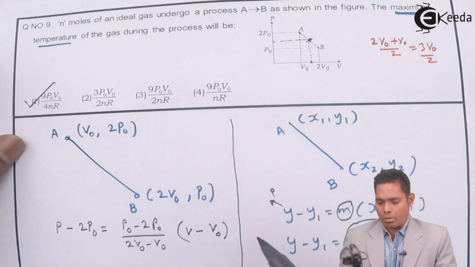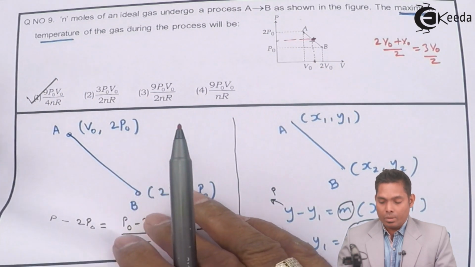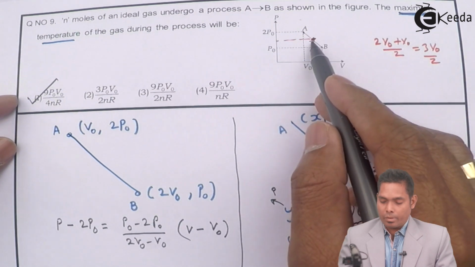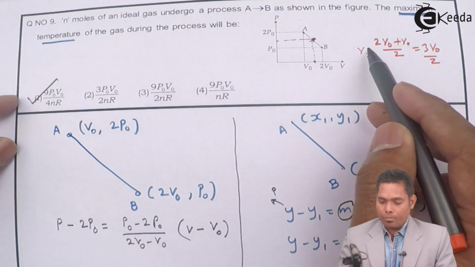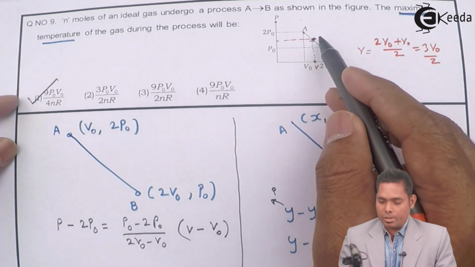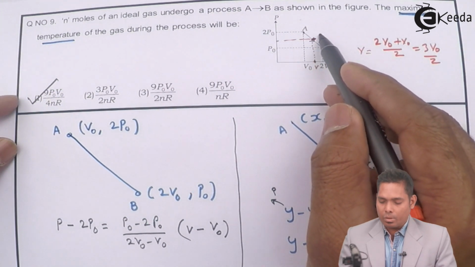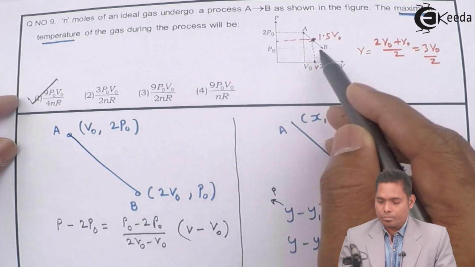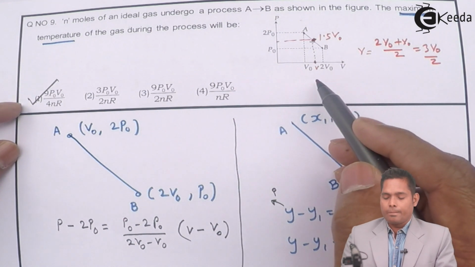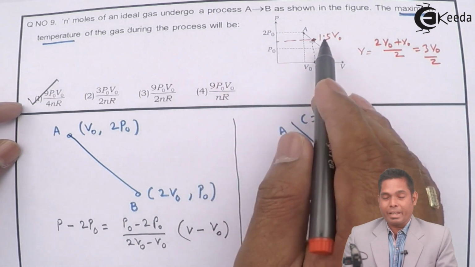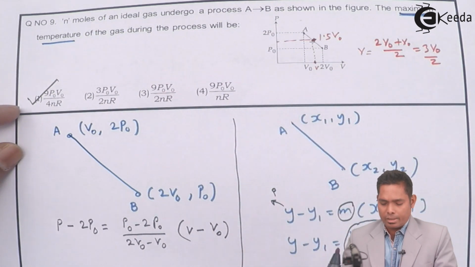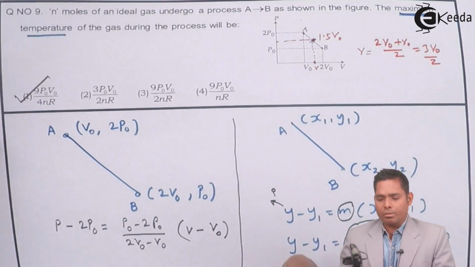If you don't know, you have to solve the total thing. Once I know this, the coordinate is 3 V naught by 2, that is 1.5 V naught. So at this value of V I have the maximum temperature, and I can use that directly in the equation to get the answer. That way also you can do.